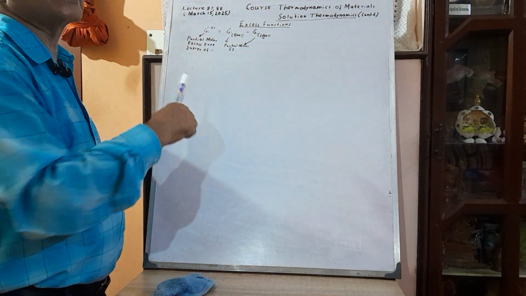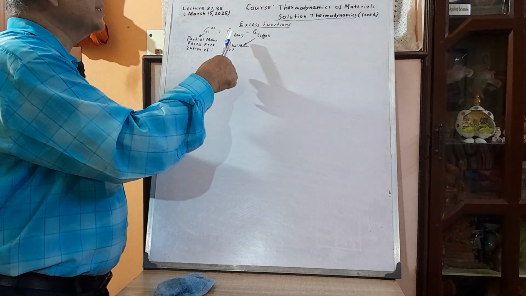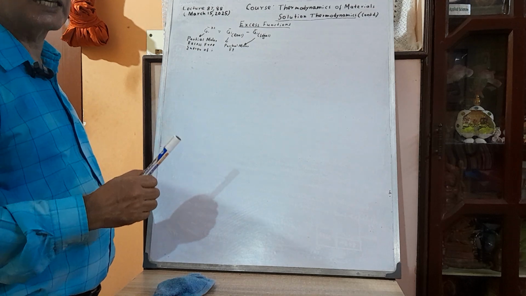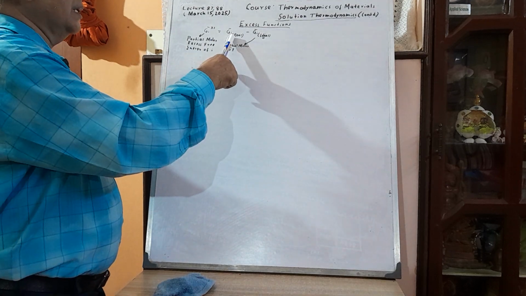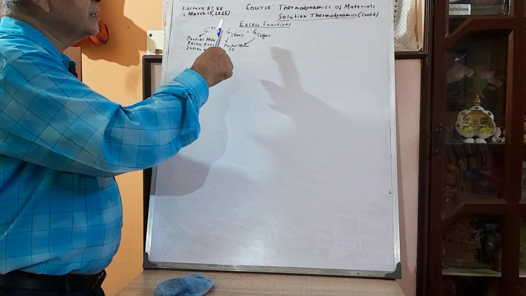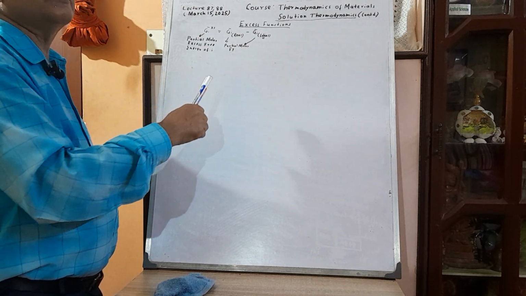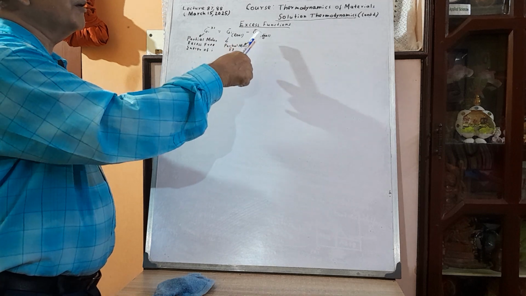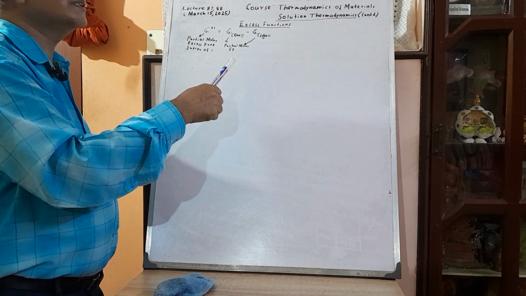If the solution under study is real, then you get the partial molar free energy of the solution under study, which is real. And what is excess? Now, this real value, how much has it deviated from G I bar ideal?